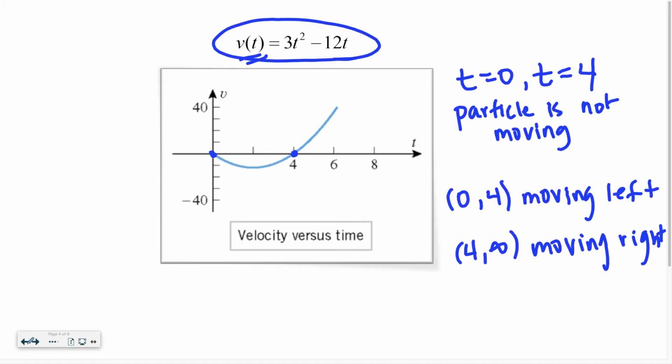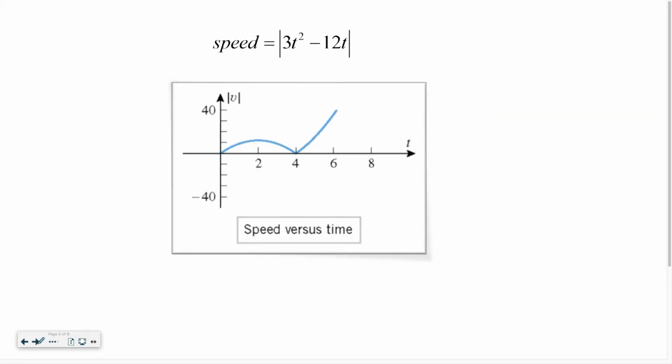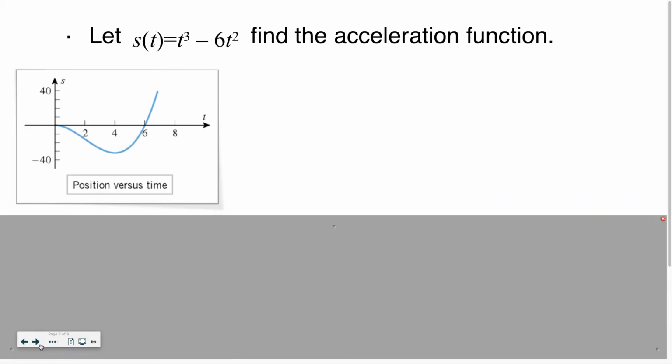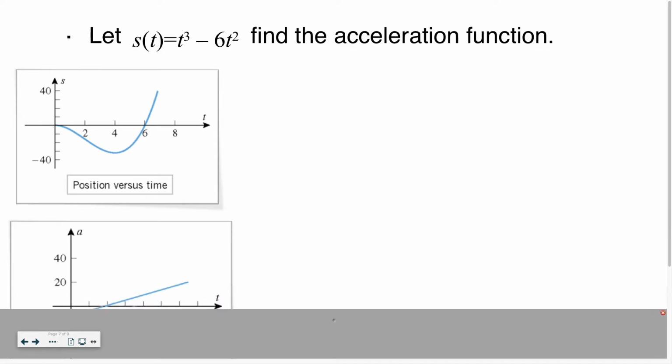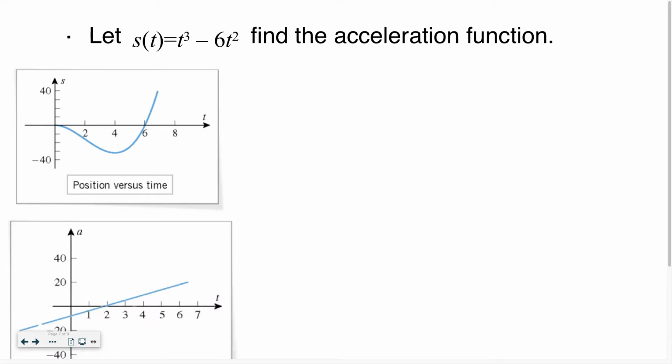Okay, so let's come back to here. Chris told us that the derivative was going to be 6t minus 12. Okay, so I want you to write down that our acceleration is 6t minus 12.